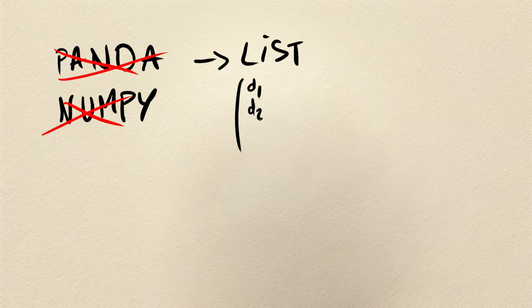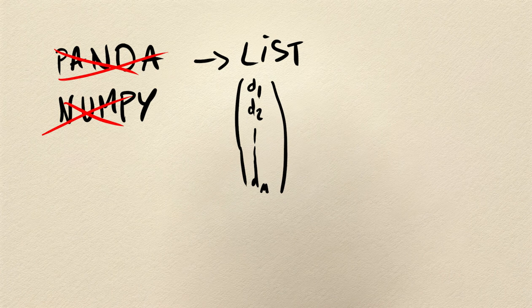You can manipulate data with just lists. A list, if you don't know what it is, is basically one of the most basic tools in Python. It's really simple to learn. Let's say you have data number 1, data number 2, and then you have data number n.